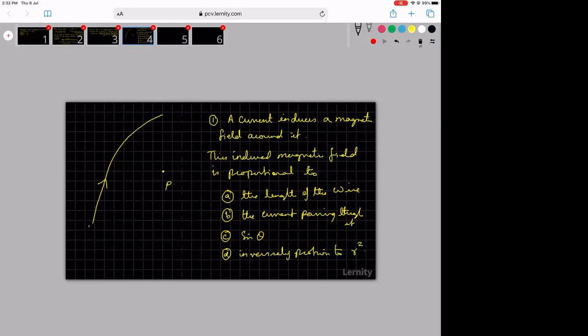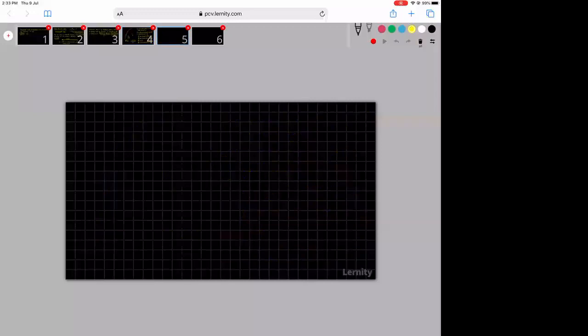So I can say dB is proportional to I dl sine theta by R square. The constant of proportionality is mu naught by 4 pi. So dB is equal to mu naught by 4 pi, I dl sine theta by R squared.